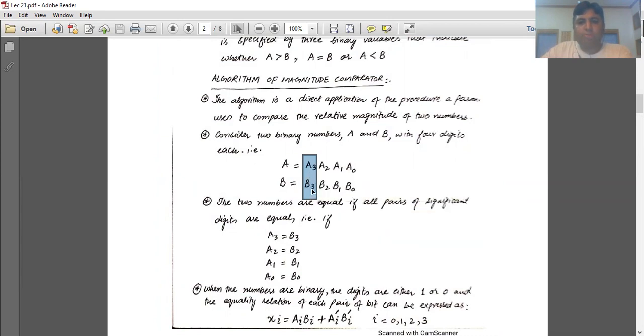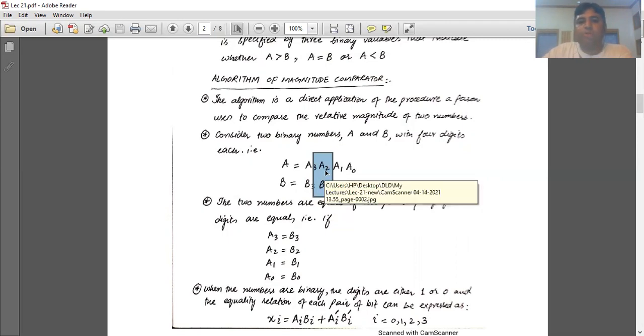If A3 is 1, B3 is 0, then directly you conclude that A is greater than B. But if A3 and B3 are equal, then you go to the next bit. In the same way, you compare A2 and B2.